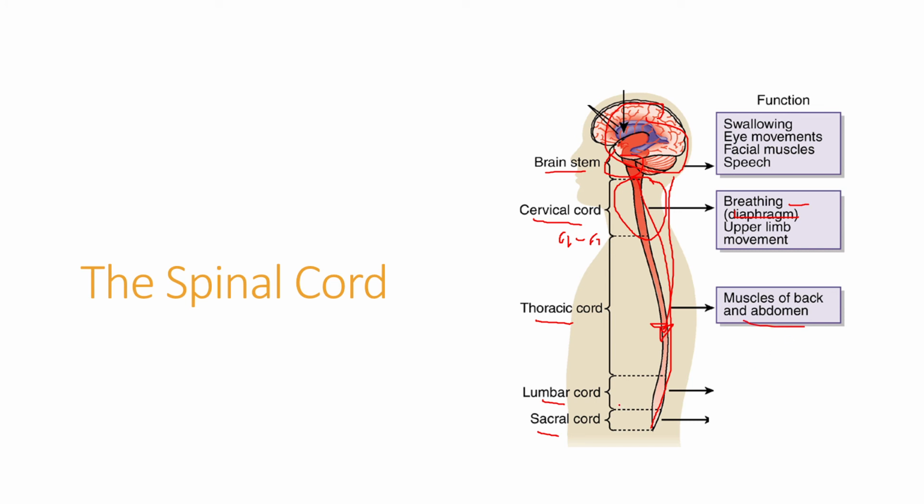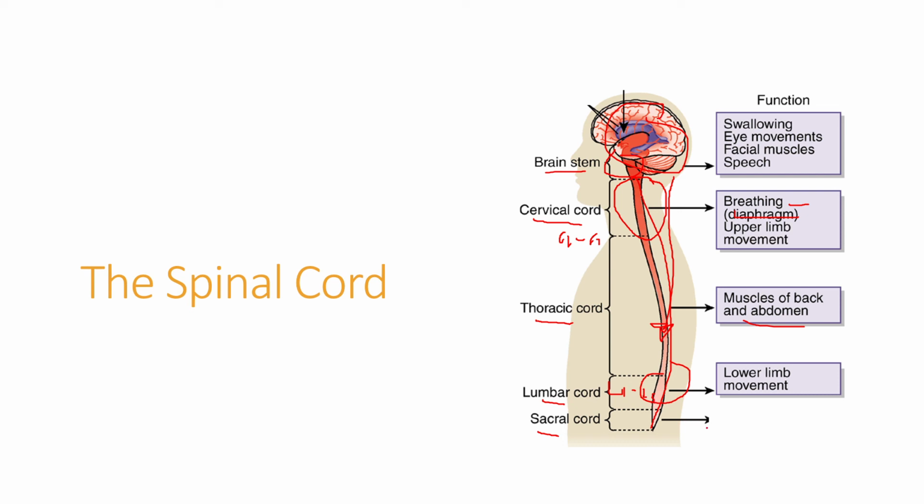And finally, we have the lumbar and the sacral. The lumbar spine is located in the lower back below the cervical and thoracic sections of the spine. It consists of 5 vertebrae known as L1 to L5.